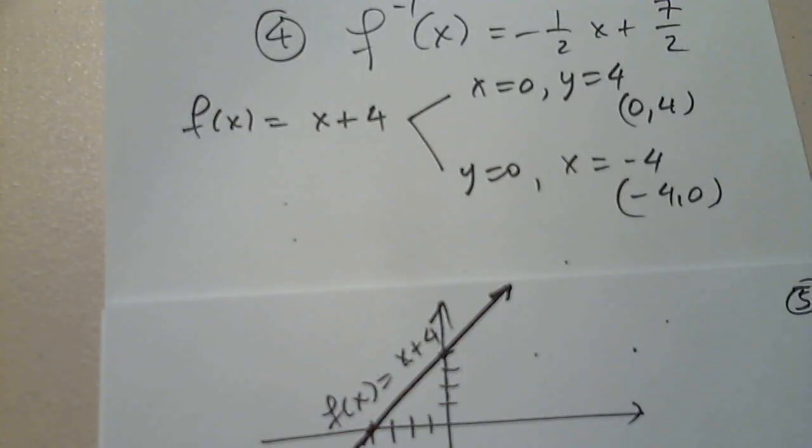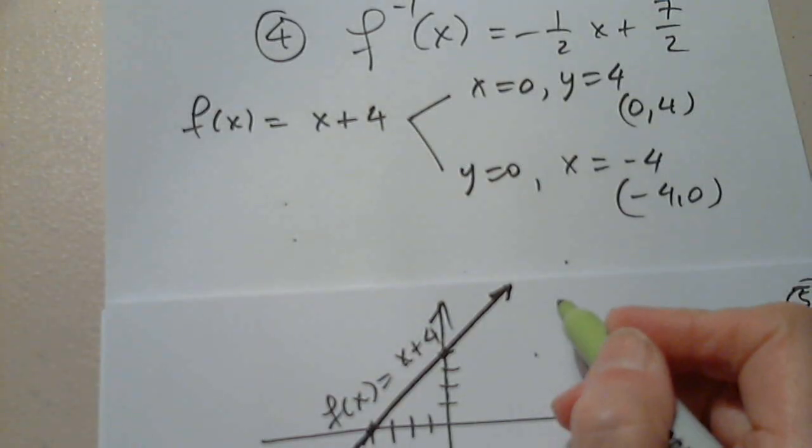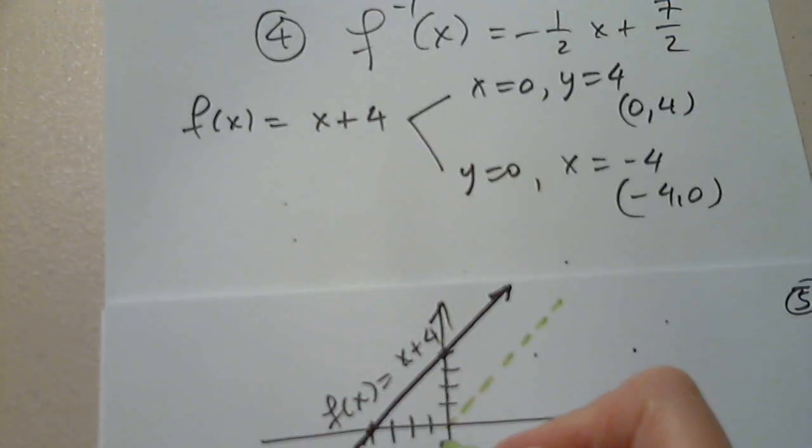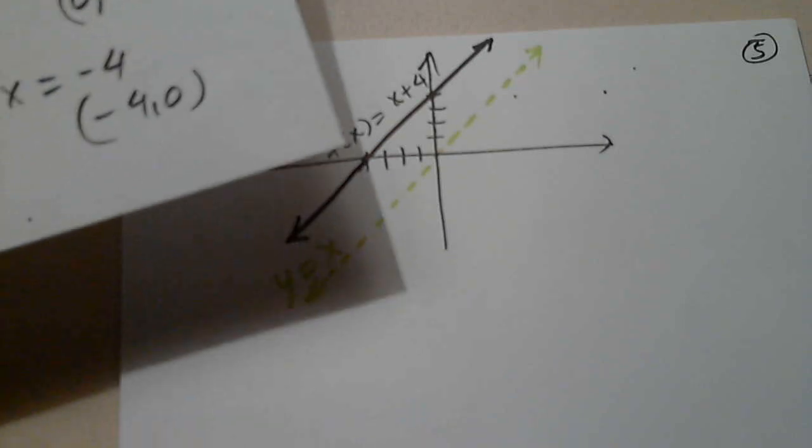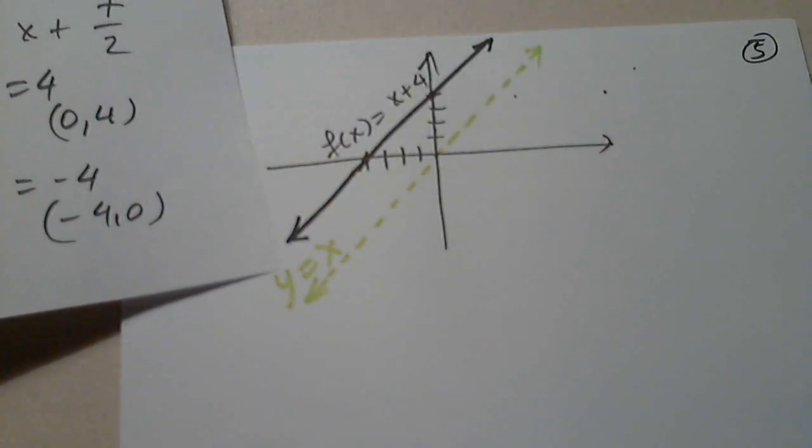The next step is, if I'm asked to graph both on the same coordinate system, the next step must be to graph the line y equals x. And now, can anyone give us two ordered pairs that we can use to plot the inverse without any calculations?